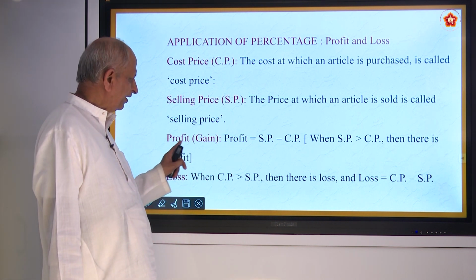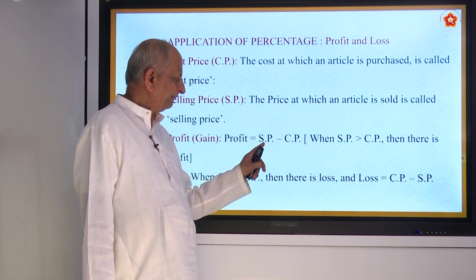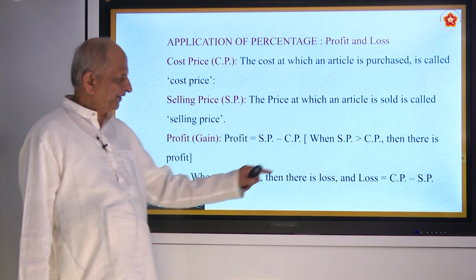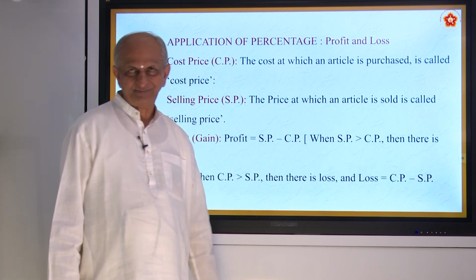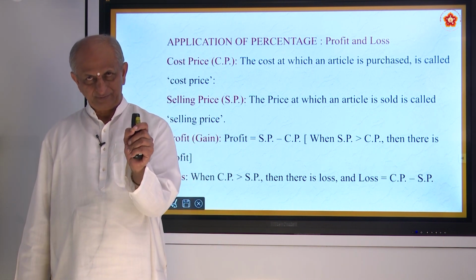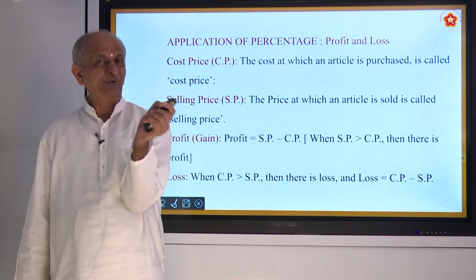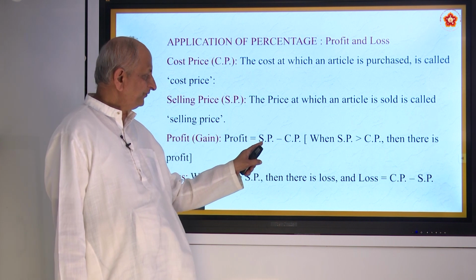And what do you get? Profit you get, or gain. How do you get profit? Selling price minus cost price. Here for profit, selling price should be more than cost price. It means if you buy a pen for 10 rupees and sell it for 15 rupees, 5 rupees will be called profit. How do you get it? 15 minus 10.